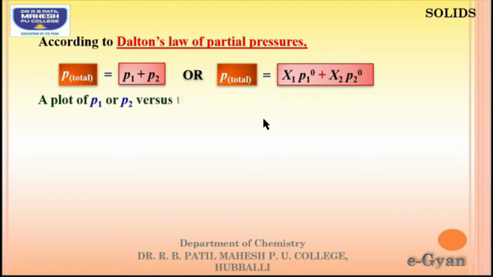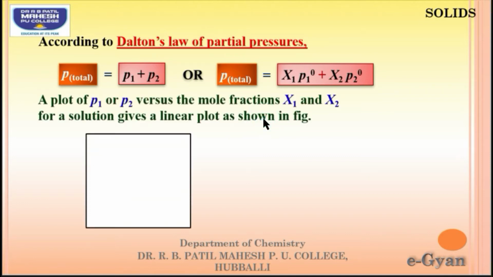A plot of P1 or P2 versus the mole fraction X1 and X2 for a solution always gives a linear plot. Remember this when I plot the mole fraction versus vapor pressure. The mole fraction is of the two components. In the beginning I will take X1 as 1 and X2 as 0.